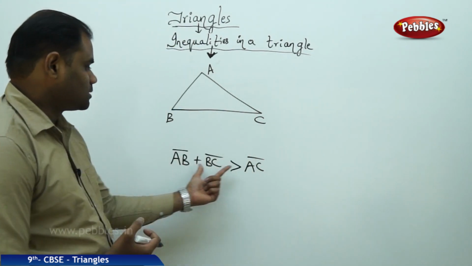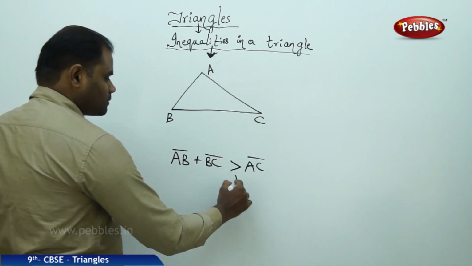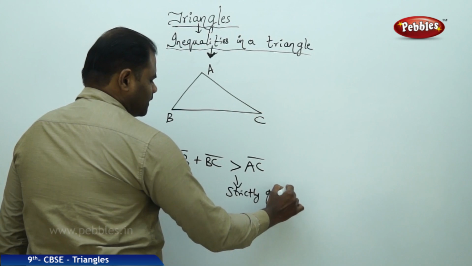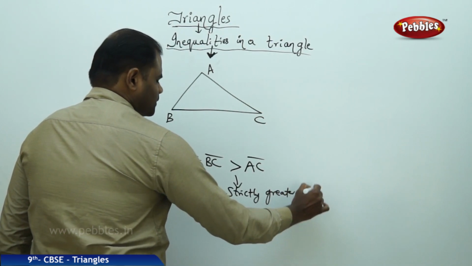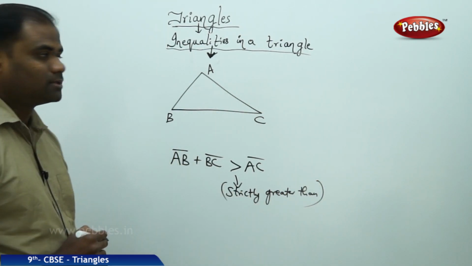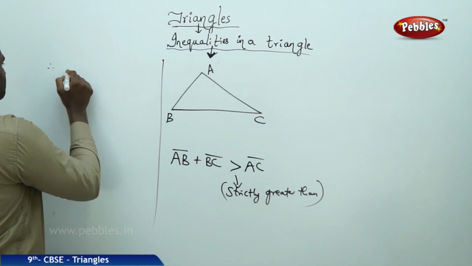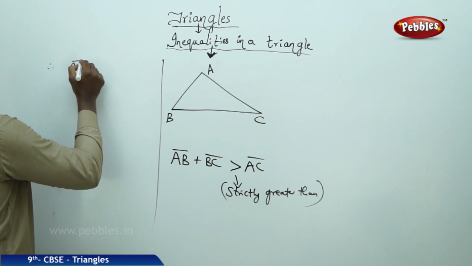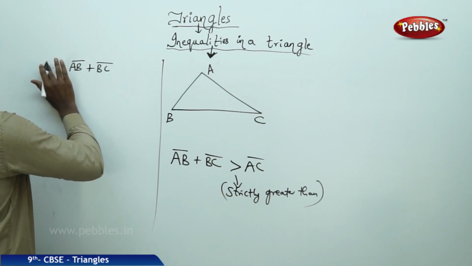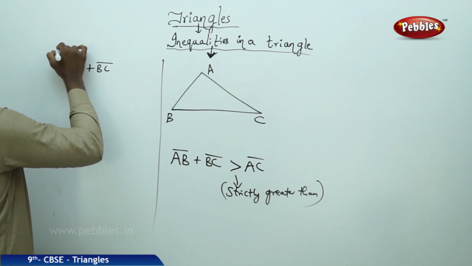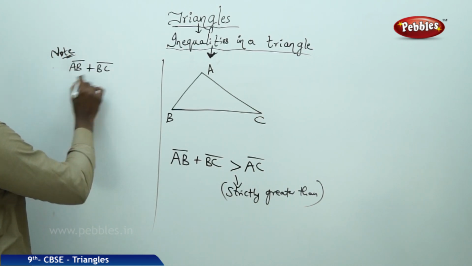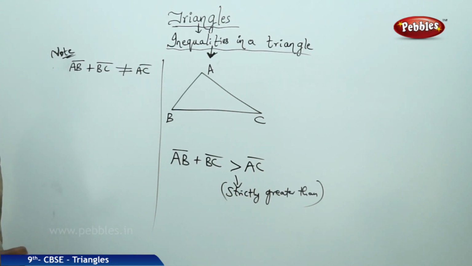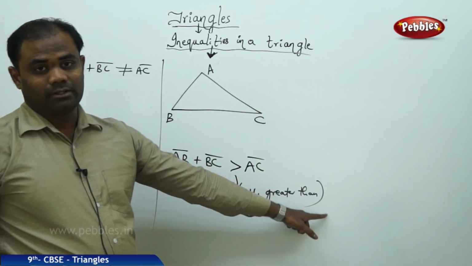Therefore, this is strictly greater than, is how I understood. It is important to note that AB plus BC can never be equal to AC. It should be strictly greater than.